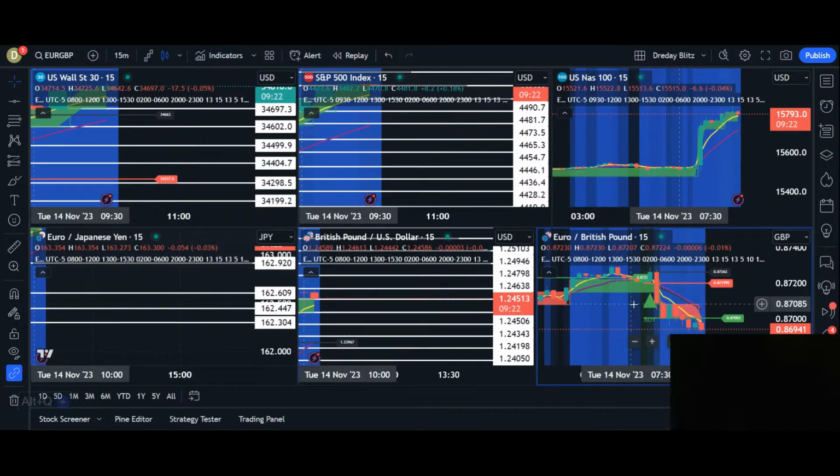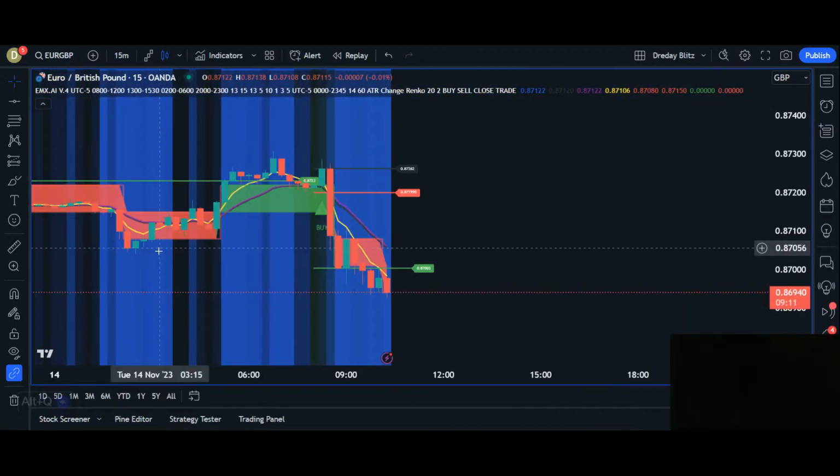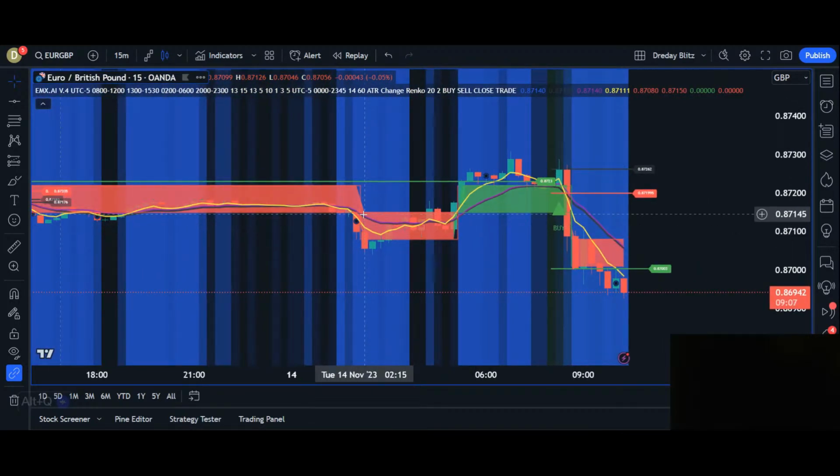And now that's Euro GBP. Let's open this. So Euro GBP. If GU and EU is going up, usually Euro GBP is doing the opposite, most of the time.